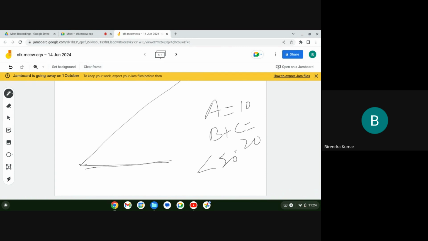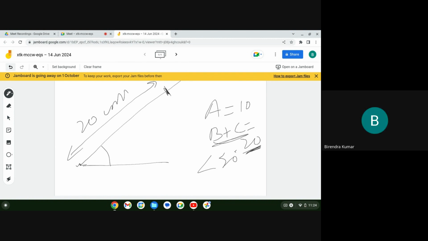Now, whichever is the sum of the other two sides, 20 centimeters, mark 20 centimeters on the angle line, wherever it is 20 centimeters. So here to here is 20 centimeters for you. You have just marked them.